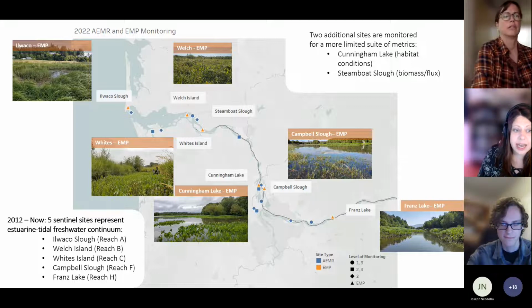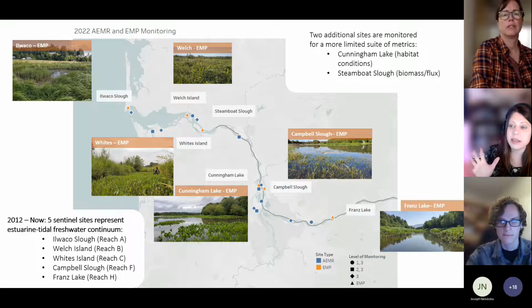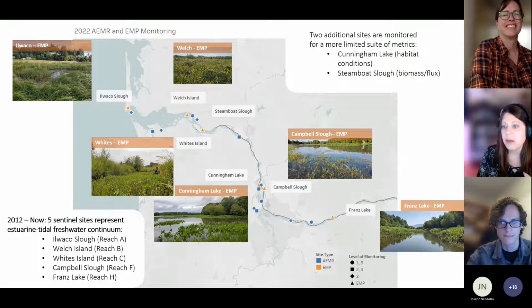Cunningham Lake is a habitat site, so we monitor all the habitat conditions there. And this is due to the fact that Campbell Slough has issues with grazing. Now, in the habitat talk today, Sneha is going to talk a little bit about our approach to working around grazing in Campbell Slough, but Cunningham Lake is essentially a really good site that does not receive grazing as much as Campbell Slough.